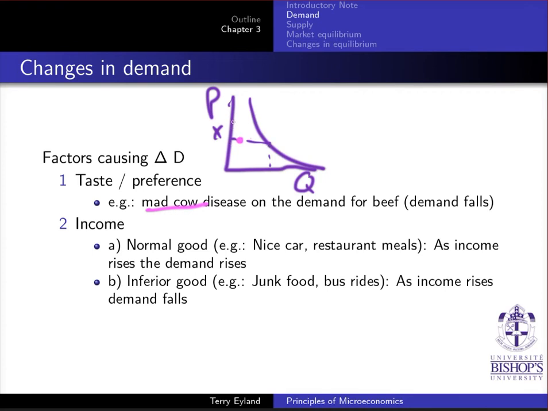If the price is just a little bit above, I no longer demand what I used to demand. And even if the prices go down, my demand has fallen.